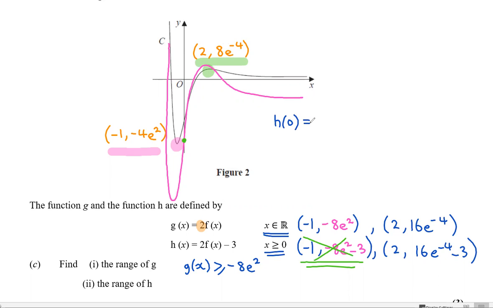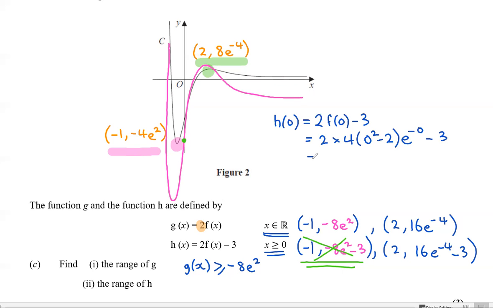It's going to be 2 lots of f of 0 subtract 3. Okay. Now the function f, which we saw earlier, is as follows. So this is going to be 2 lots of 4 bracket 0 squared, subtract 2, and then we multiply that by e to the negative 0 because we sub 0 into the power as well. And then we have to subtract 3.